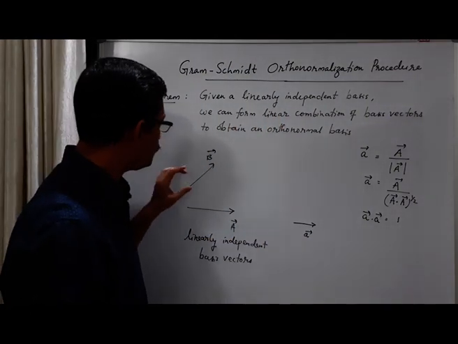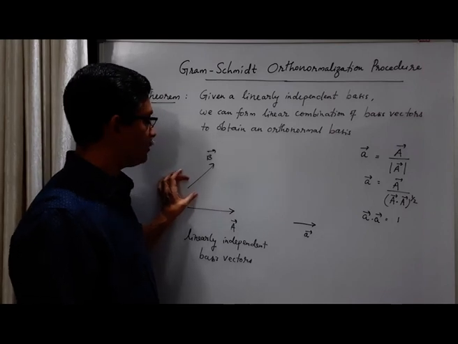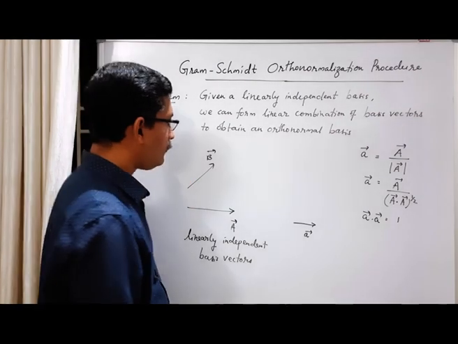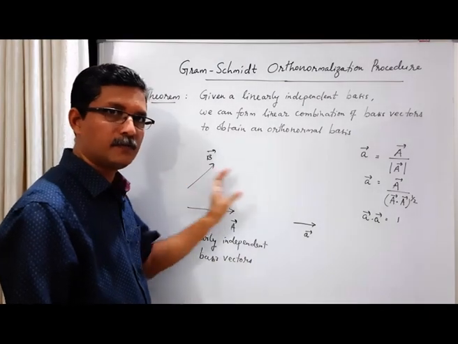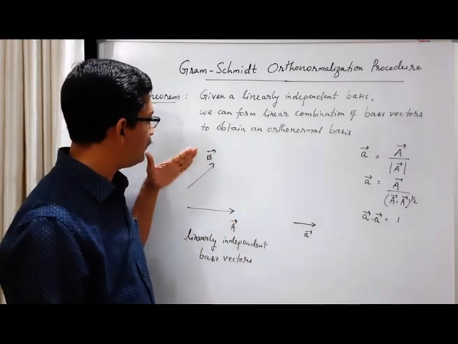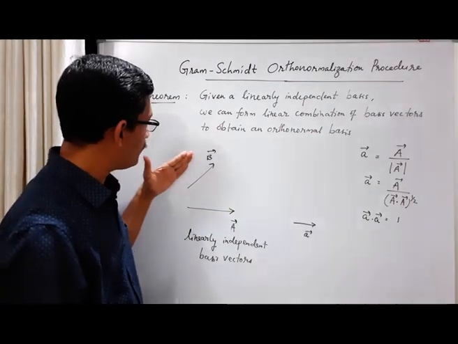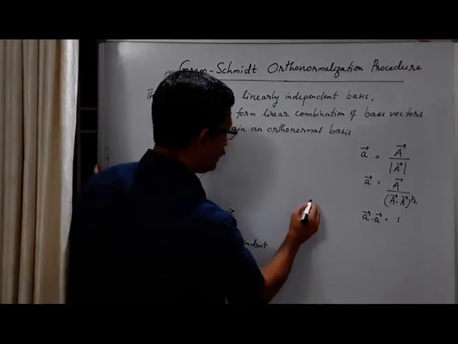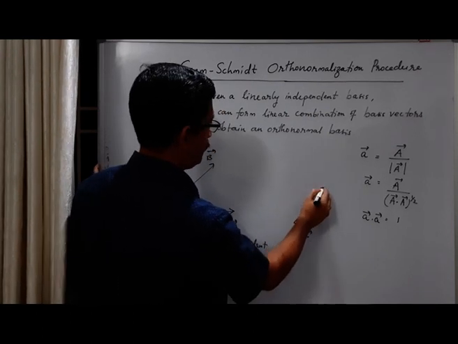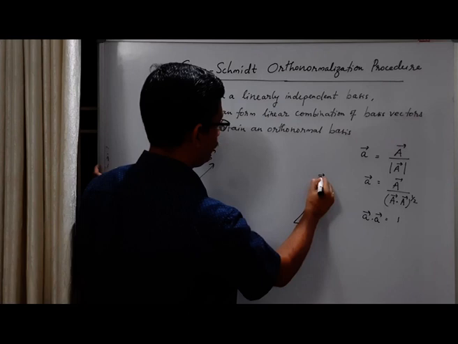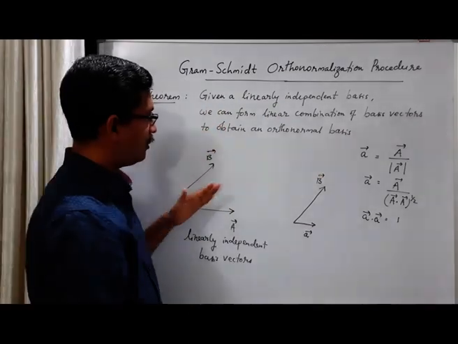Now what about this one? Now this vector, we can shift geometrically. You can shift the origin, the only thing is that we preserve its magnitude and direction. So let me place this vector here. This is vector B, same direction, same magnitude.